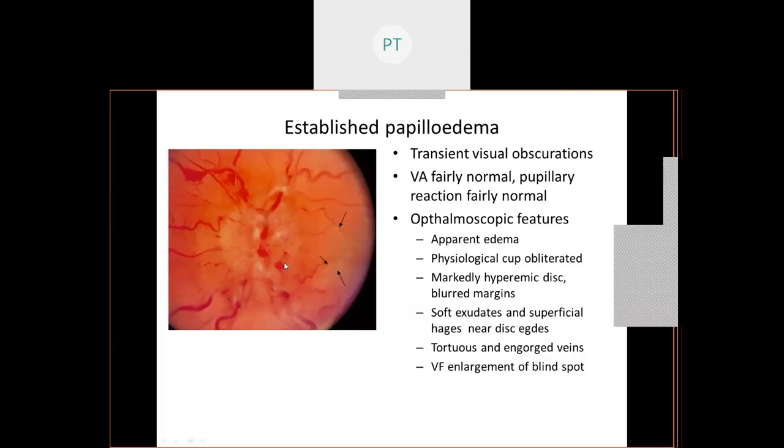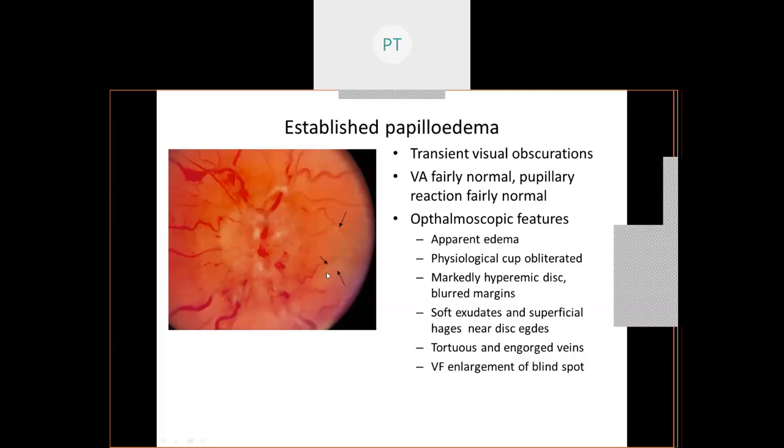This elevation is usually seen up to 1 or 2 millimeters, and you see multiple soft exudates and superficial hemorrhages near the disc edges. The veins are tortuous and engorged, and in advanced cases the disc appears enlarged, and there you can also see circumferential grayish-white retinal folds, which may develop due to the separation of nerve fibers.